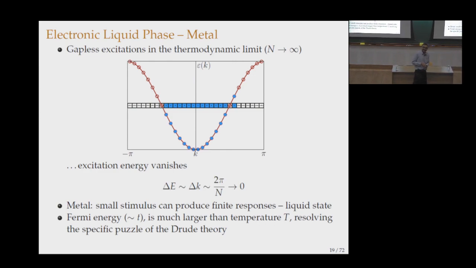Which means if I apply a very, very small electric field, I could have matrix elements, and there's no energy cost for excitation, so you can start flowing a current. This is roughly saying that it doesn't have any shear modulus, in quotes. It's one dimension, so of course there's no meaning for shear modulus, but it doesn't resist the electric field. So that's the idea. This is the liquid state in one dimension, if you like.